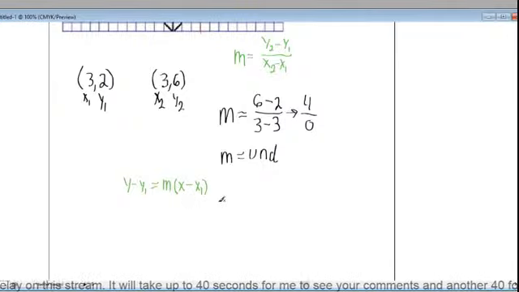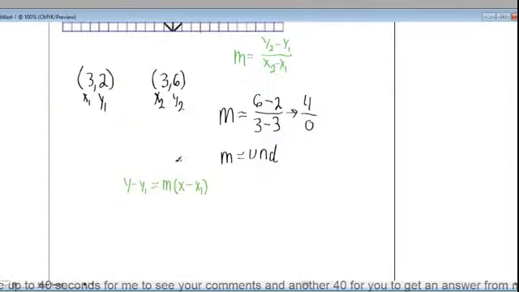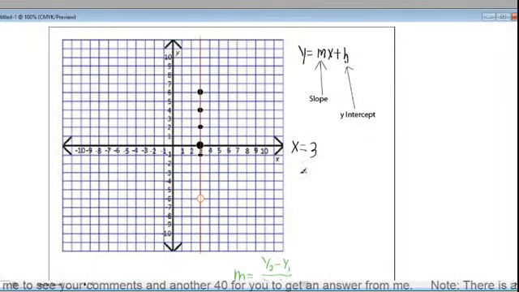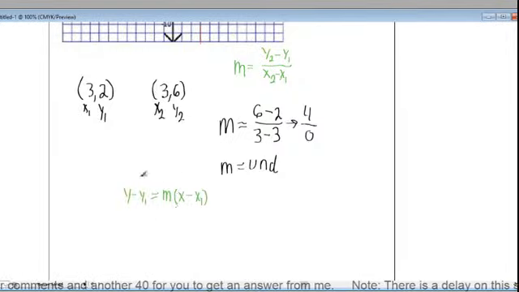If we have a point and a slope, then we can plug those two things in for our point, y1 and x1, and our slope, m, and it will give us the slope-intercept form once we solve things for y.